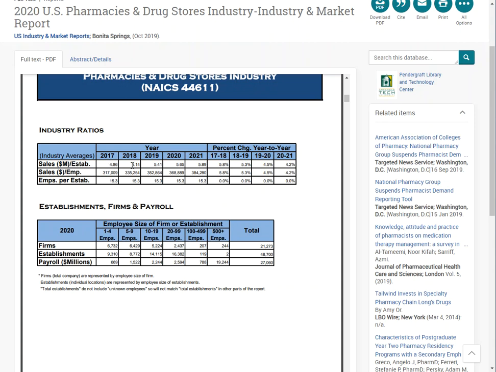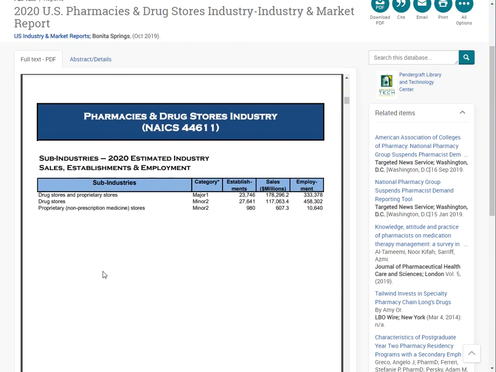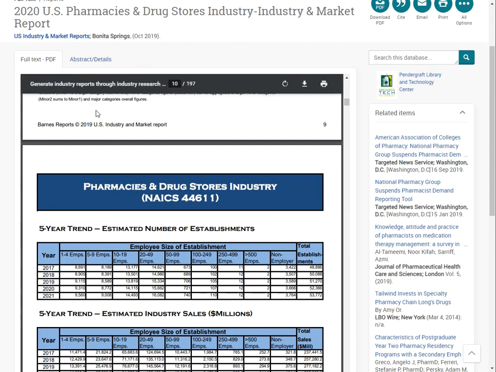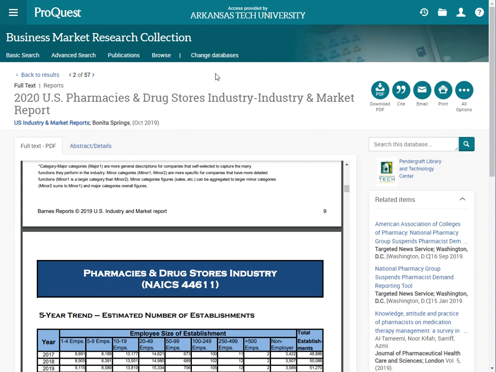Sales per employee and sales per establishment are in there, and you could get an idea of the growth or non-growth in your industry based on sales figures and employee payroll, et cetera. Okay, so that's what you get to see. You're in the business market research collection, and that is a Barnes report.